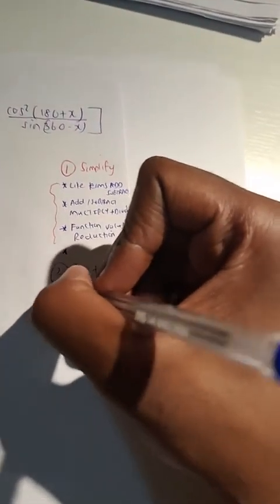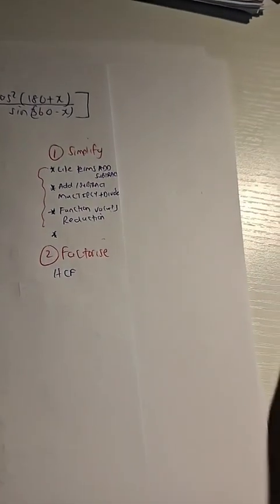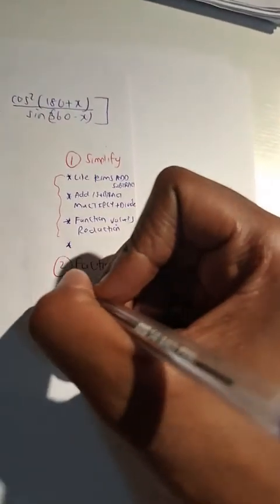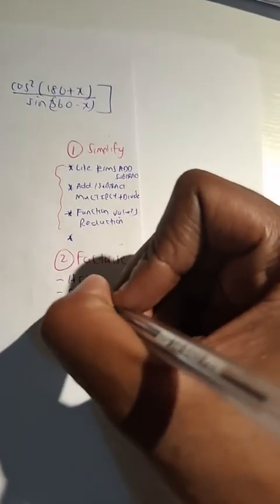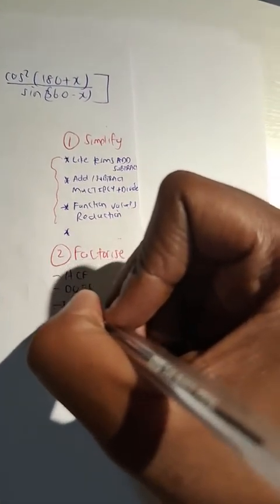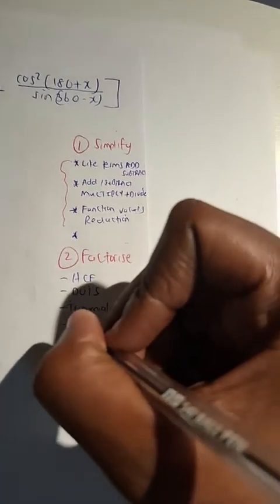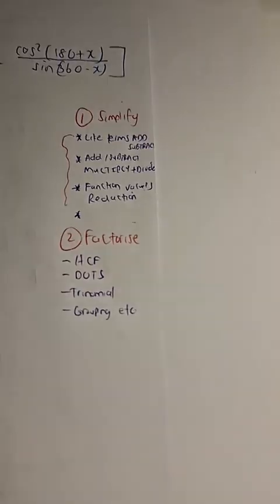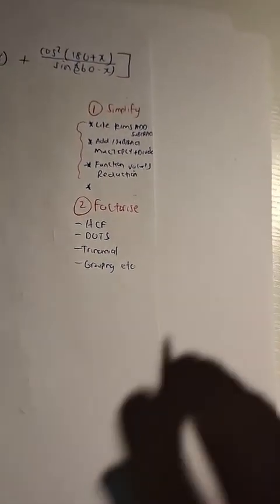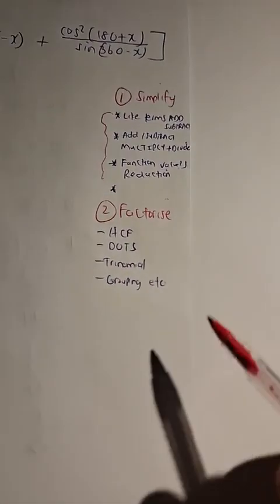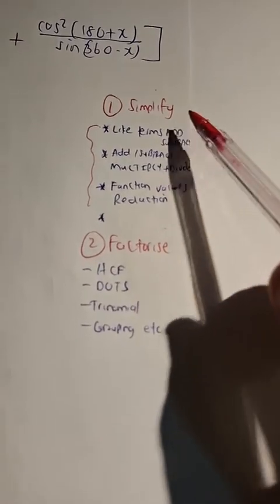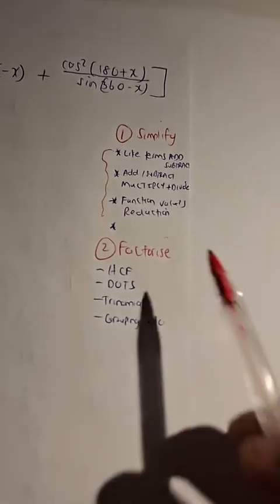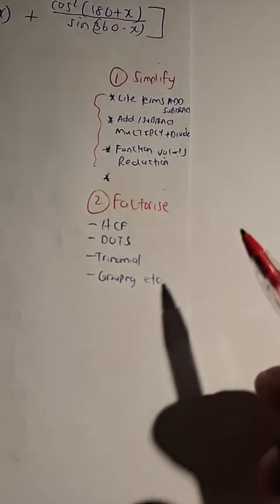There are many types of factorization: highest common factor, difference of two squares, trinomial, grouping, etc. If you have exhausted that, you can always go back and check: is there any further simplification that can be done? If there isn't, is there any other factorization that can be done?